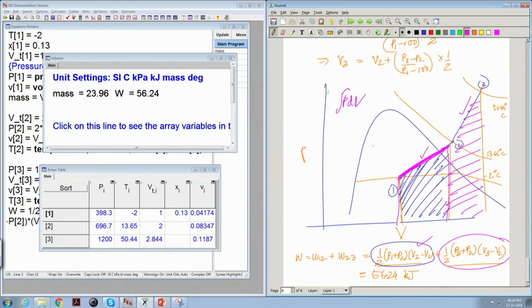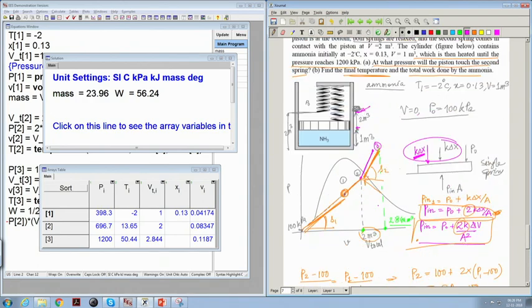So in this particular problem, we have dealt with a problem in which there are two springs. So in the initial times, there is one P and delta V relationship, and beyond a certain point, when two springs attach, there is another P delta V relationship.